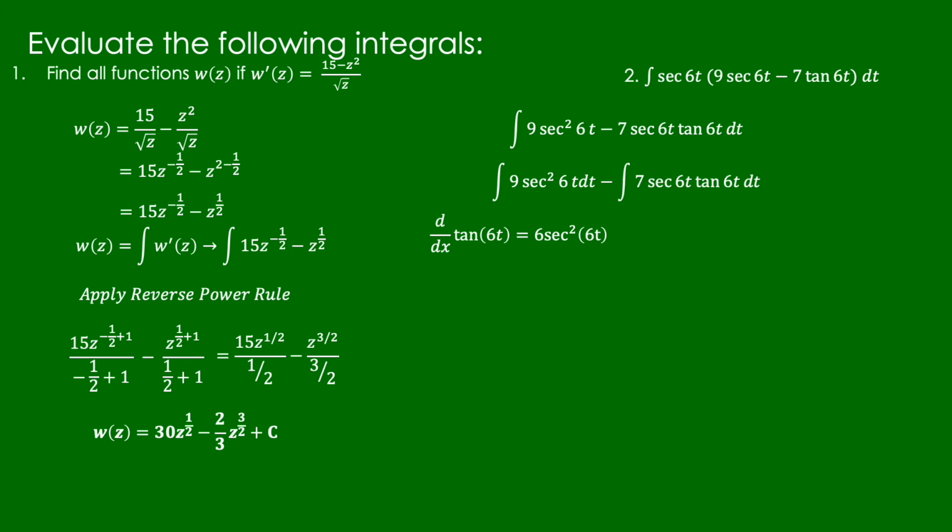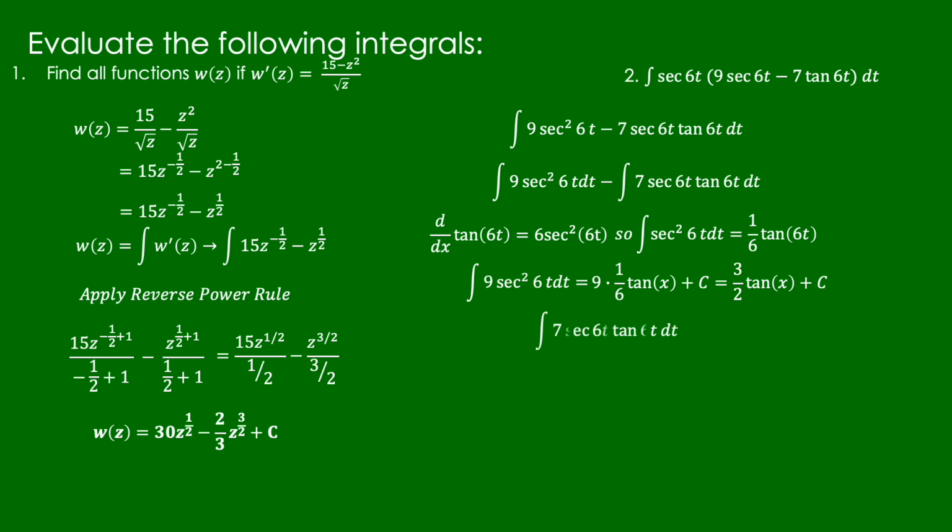So the integral of secant squared 6t would be the inverse, 1/6 tangent 6t. Therefore, the integral of what we actually want, 9 times that, is 9 times a sixth, which is equivalent to this.